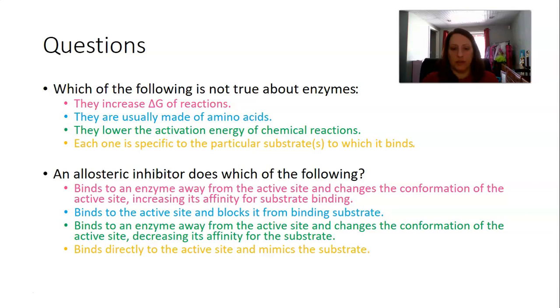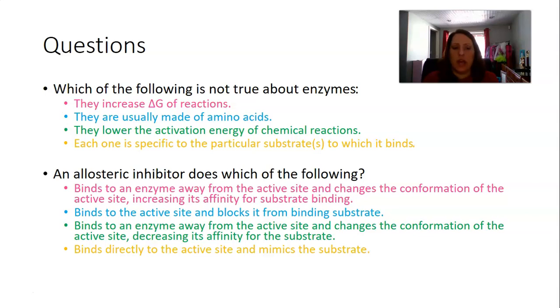Or yellow, is each enzyme specific to the particular substrate or substrates to which it binds? So which one of these is not true? So hopefully you answered pink. They do not increase the change in free energy of reactions. Instead, they lower that activation energy. Okay? The rest of those are true.